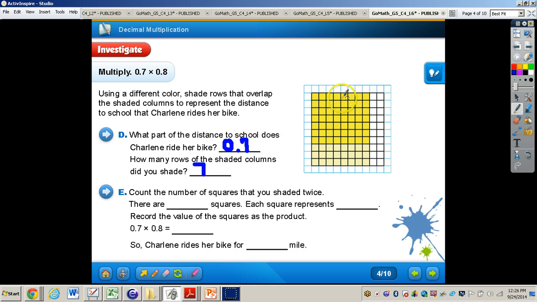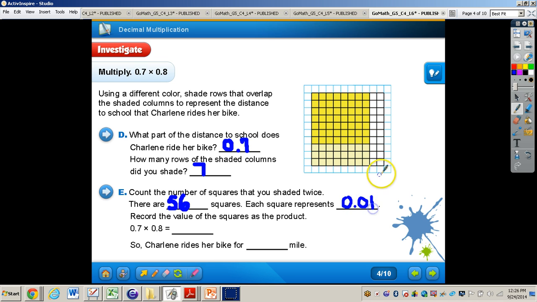All right, now we can see that there's 8 in each row of our 7. Okay, so for a total of 56 squares that are shaded in 2 times. So 56 squares. It's important to know that each square does represent 1/100th. Why 1/100th?